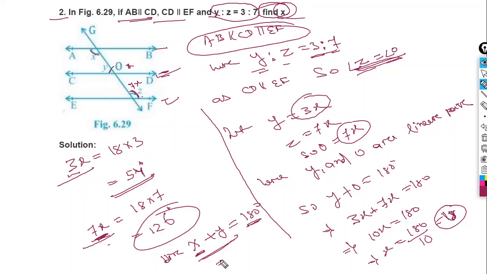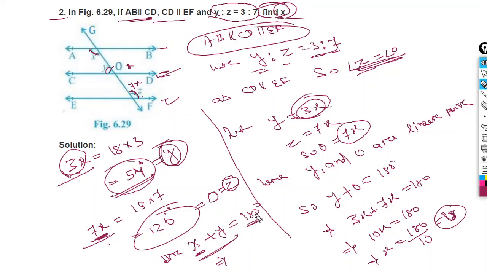Now you can write what values we have. We have the value of y. Who was y? Y equal to 3x. Now we have found 3x equal to 54, which is equal to y, and this is also equal to O or equal to z. Now we can find the value of x.